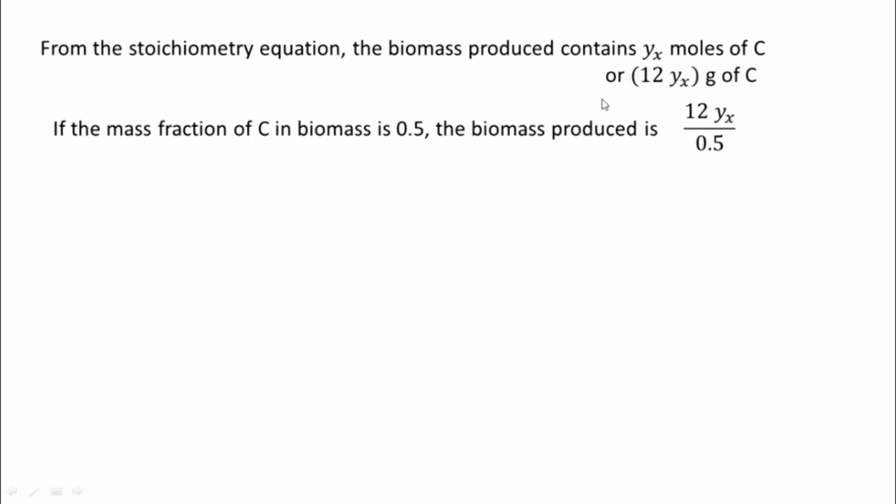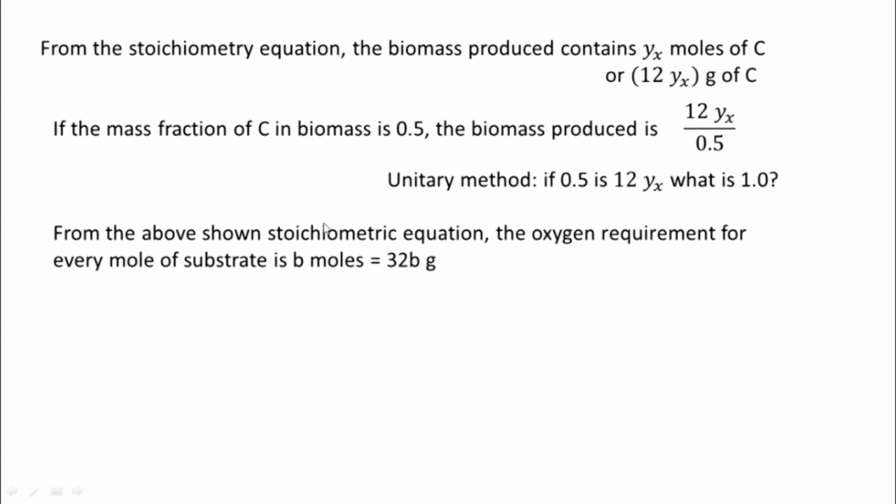What is the biomass it will correspond to? That will be 12 YX by 0.5. If 0.5 is 12 YX, what is 1? Okay, that's the unitary method that we use to get this particular expression here. Just go ahead and practice this.